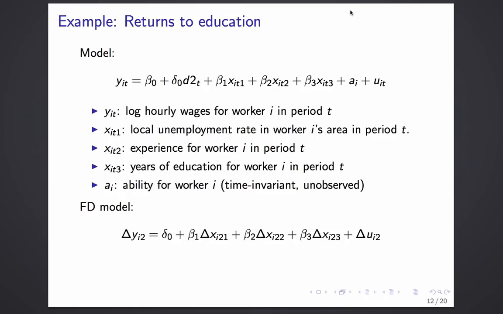That is, the first difference in wages is a function of the differences in unemployment rates, differences in experience, and differences in years of education. And again, we see that we've differenced away this unobserved individual specific effect that we think is driving a correlation between the combined error term and education.